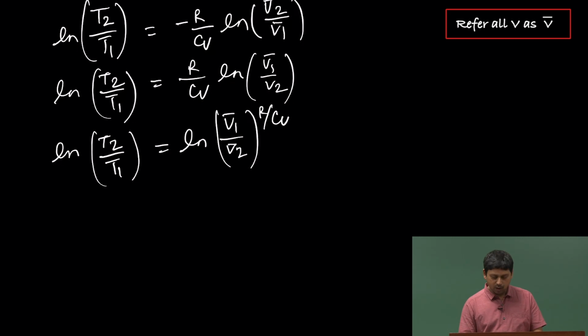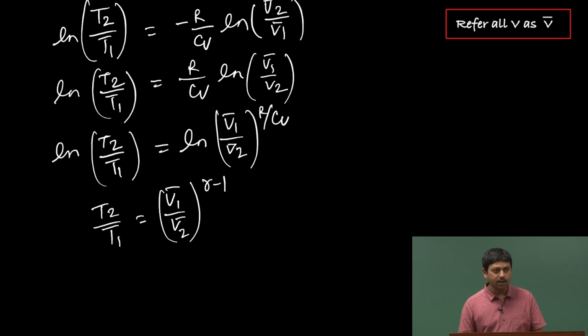So, now when we have this equation, both sides ln is there, then we can write T2 by T1 is equal to V1 by V2 to the power R by Cv, which I have calculated to be gamma minus 1. So, this is the equation we have.